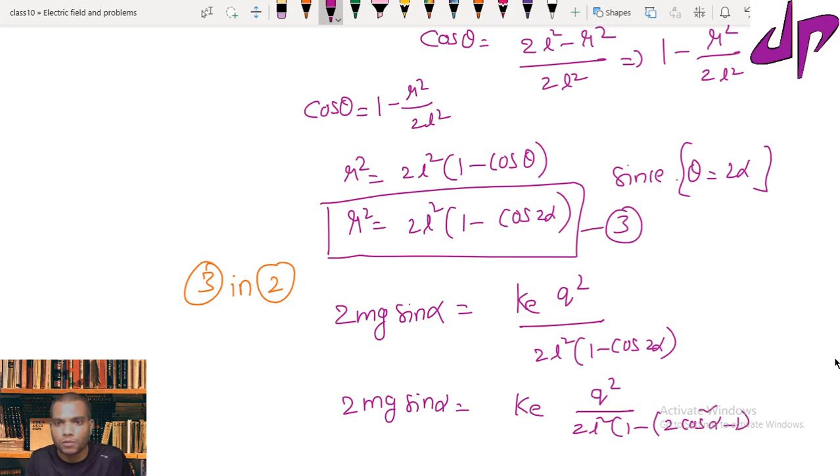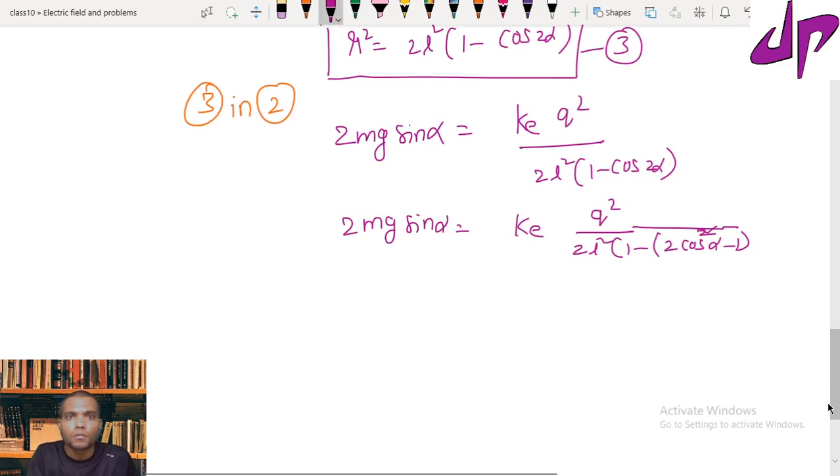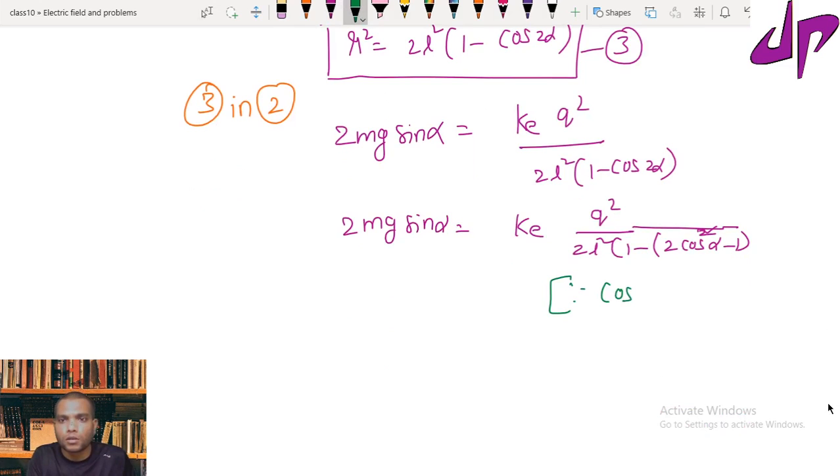So this is also one of the trig identities, since cos 2 alpha equal to 2 cos square alpha minus 1.